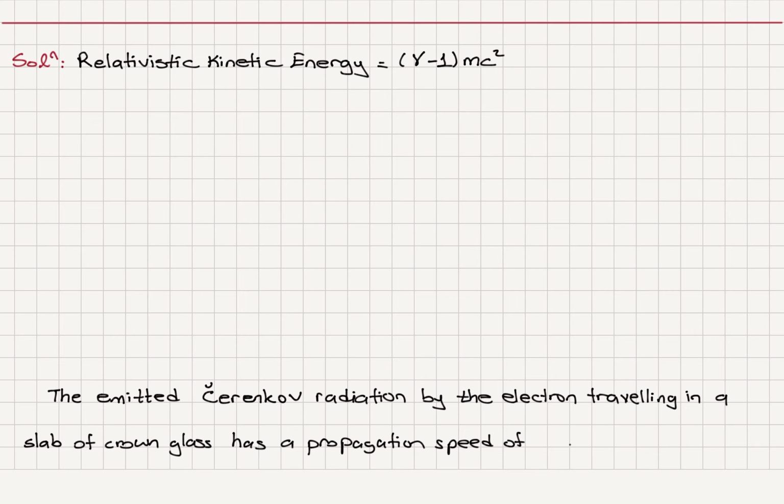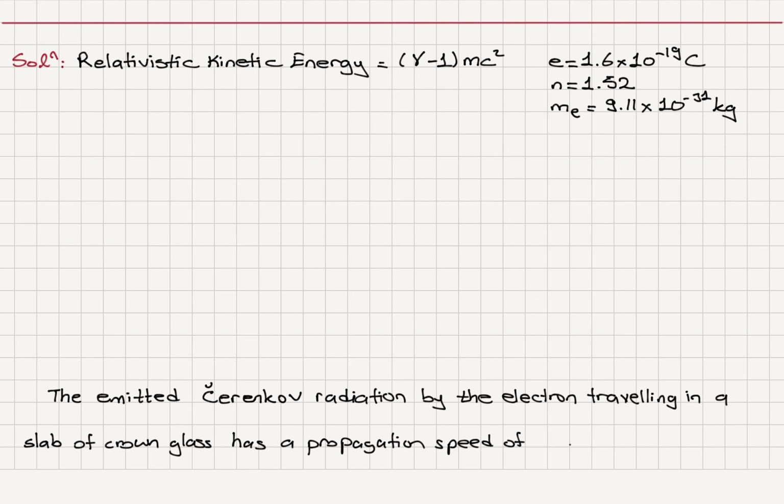Now the electron charge is 1.6 times 10 to the minus 19 coulombs. The index of refraction in the material is 1.52. The rest mass of an electron is 9.11 times 10 to the minus 31 kilograms.